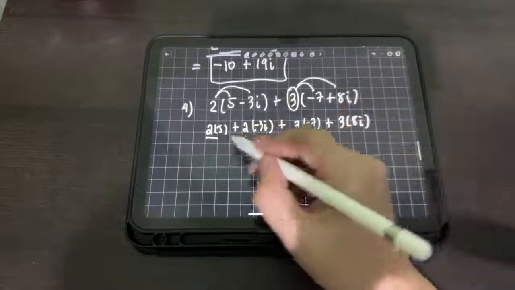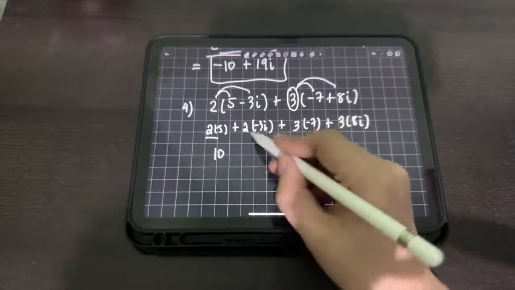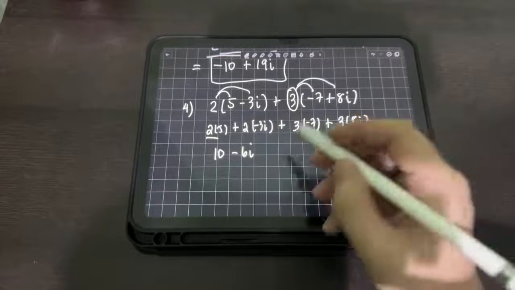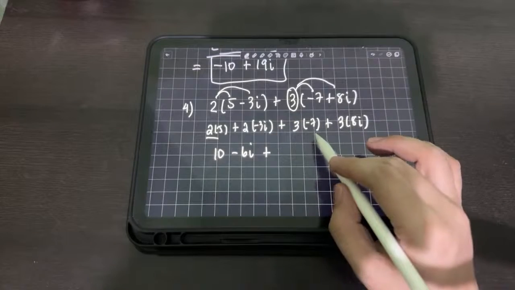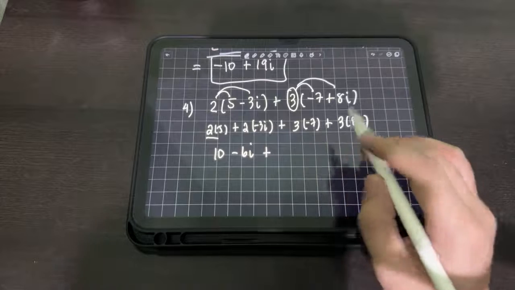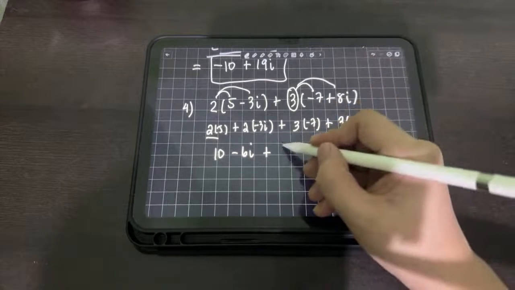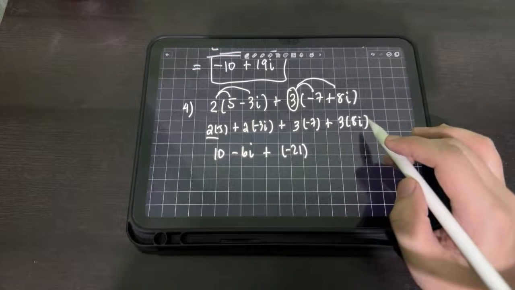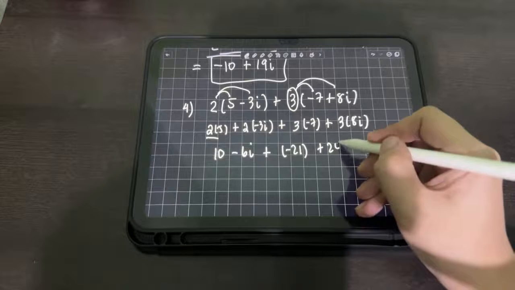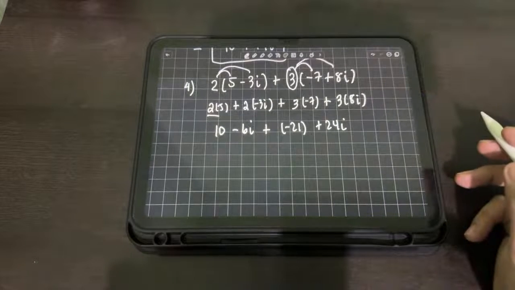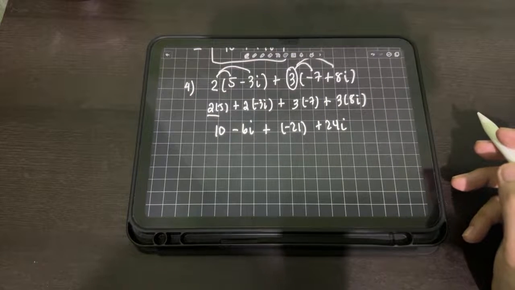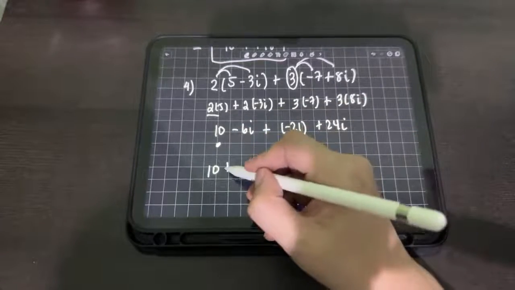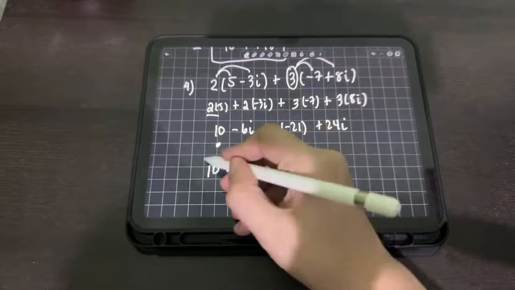Then simplify, we will have 2 times 5, that's 10. 2 times negative 3i, negative 6i. Then plus 3 times negative 7, that will be negative 21. Then 3 times 8i, that will be positive 24i. Now we can combine real parts and imaginary parts. So for the real parts, we have 10 plus negative 21.